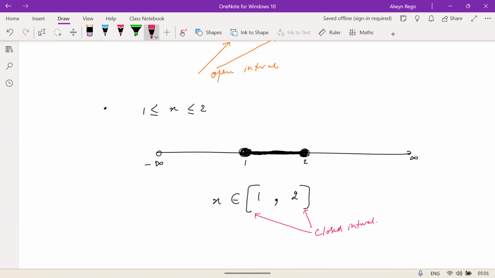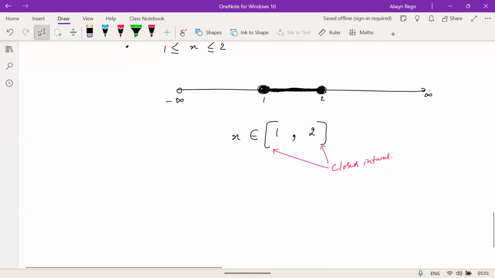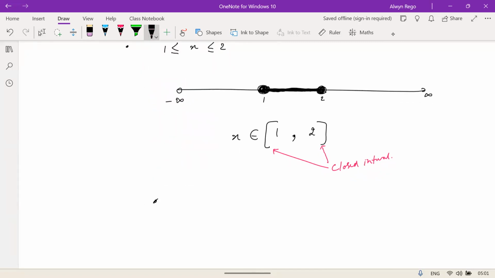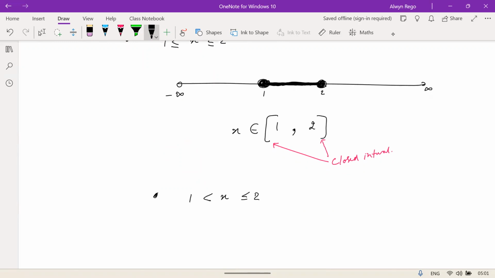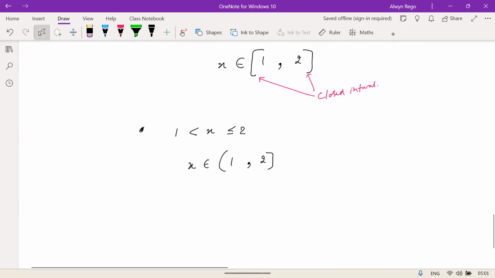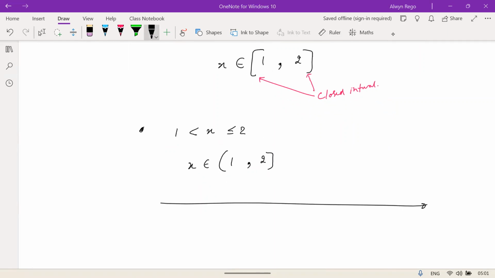Right? And supposing you have the values like this. Let's say you're talking about set of all values of x, which is more than 1, but less than or equal to 2. I can call this as semi-open or semi-closed, where you find that x belongs to open 1, but closed 2, where I can indicate that on the number line as negative infinity, positive infinity.